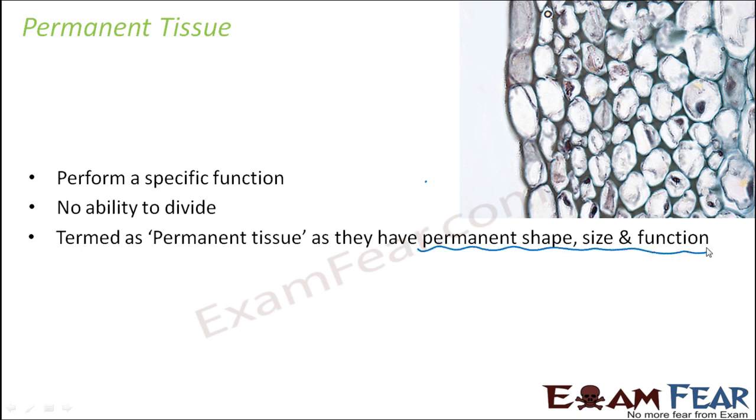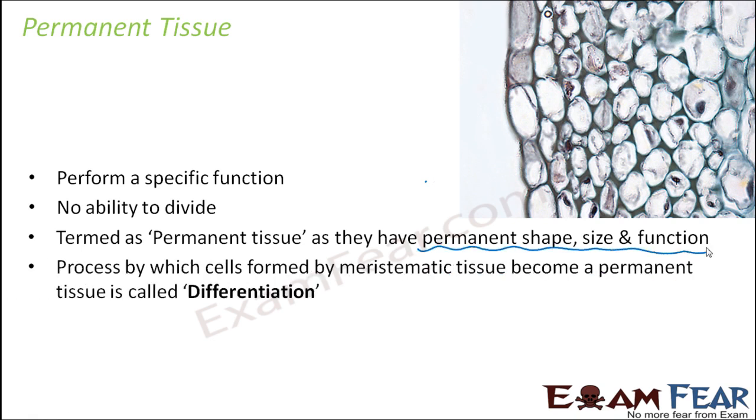The process by which cells formed by meristematic tissue become a permanent tissue is called differentiation. Now this small concept is very important to understand. This should be very clear in your mind. Basically, meristematic tissues are those which keep on dividing to form new cells. Some of those new cells will remain meristematic, that is, they'll still divide and form new cells.